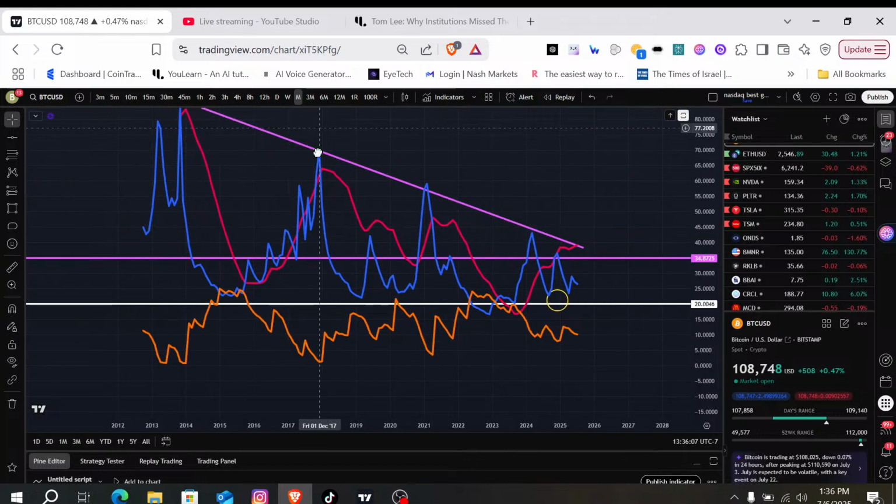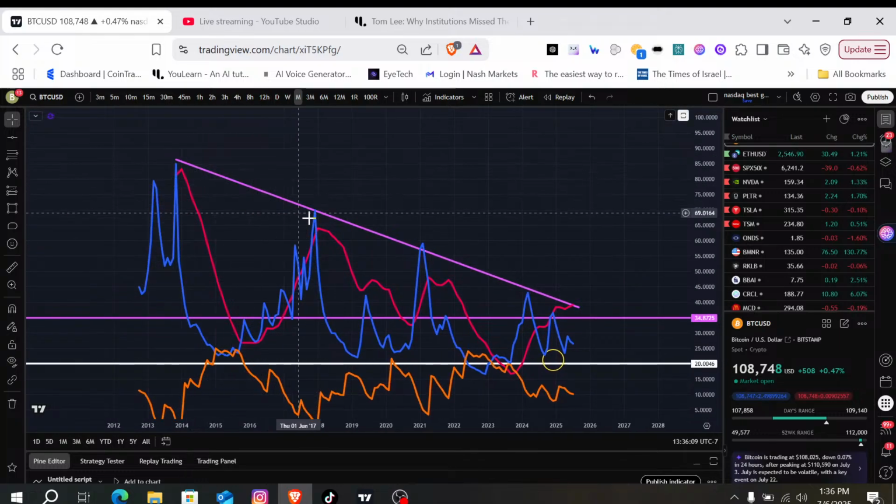Notice this pattern right here that I noticed. Perfect pattern. So either we're going to have this big push, and by the time you get here, we're probably already at new all-time highs.